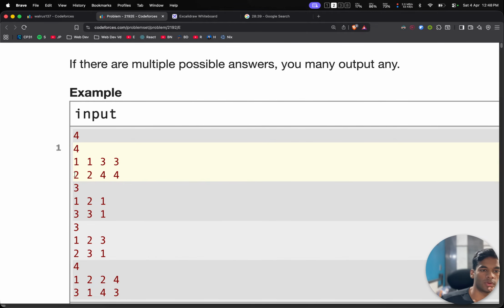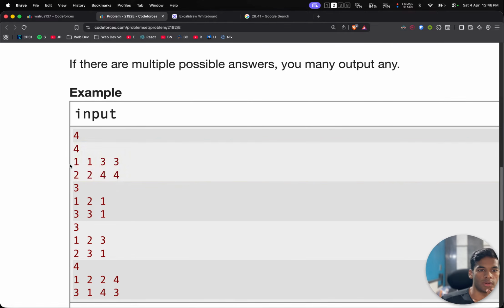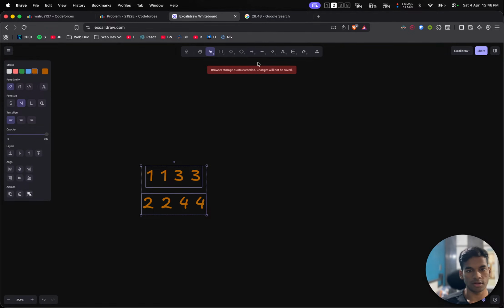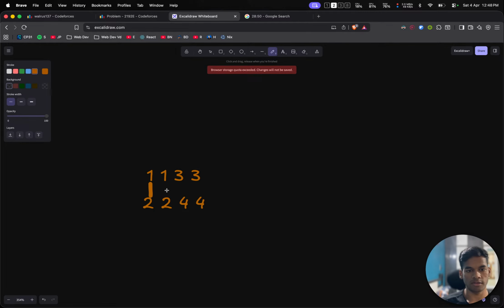First of all, these elements would have a connection with the opposite elements in the other array, like this.